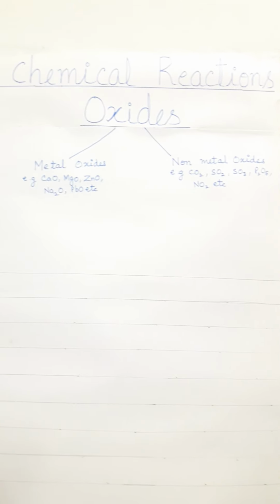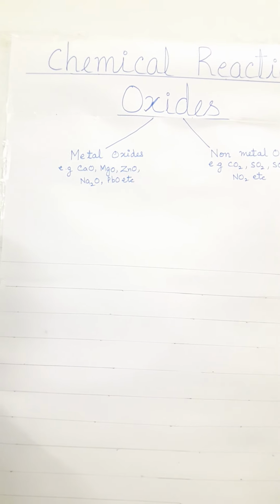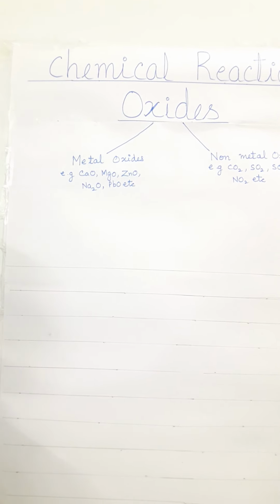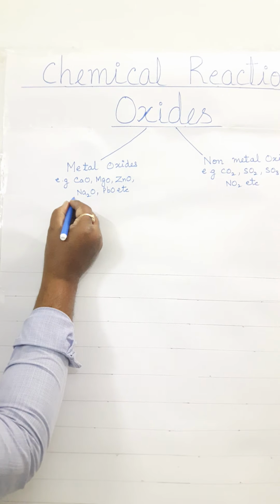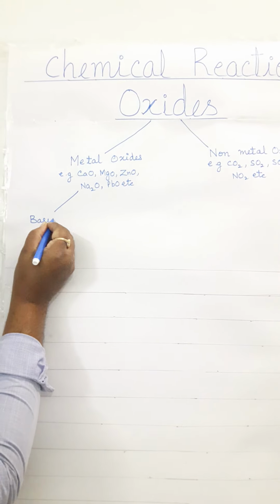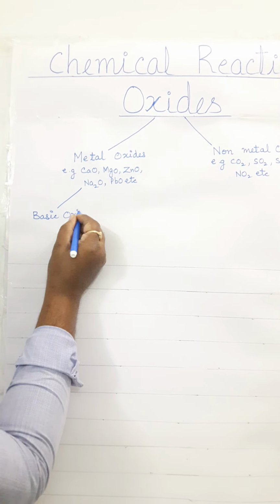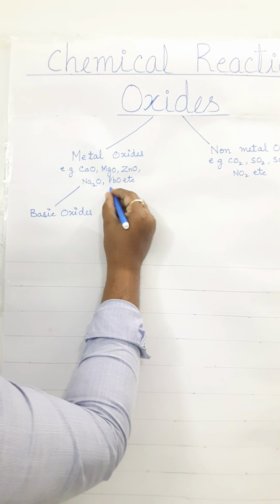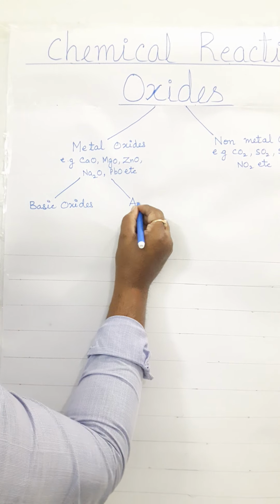Now metal oxides are further classified into two types: basic oxides and amphoteric oxides.